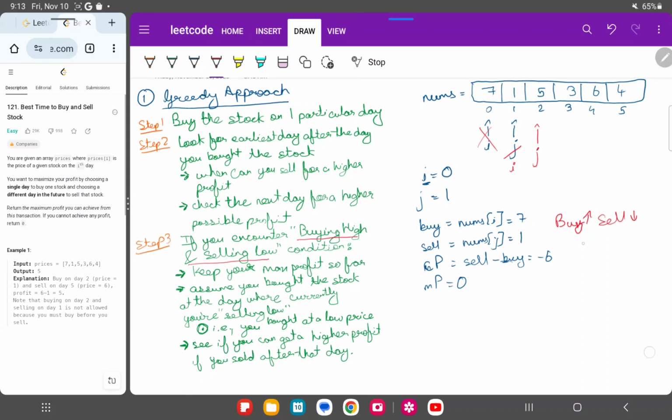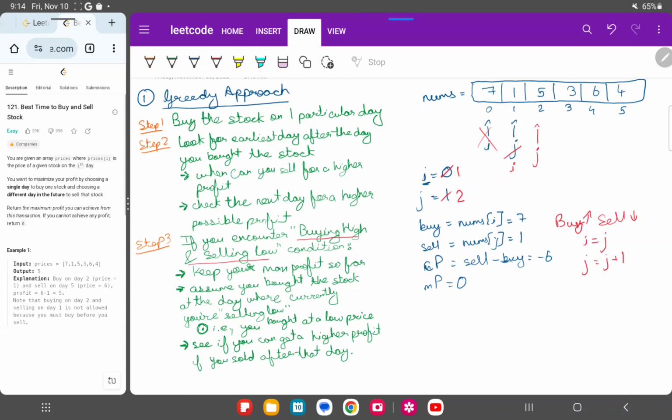So for the buying high and selling low condition, i becomes equal to j, and j becomes j plus 1. You start selling from the next day. So now i becomes 1, which is j, and j becomes 2.